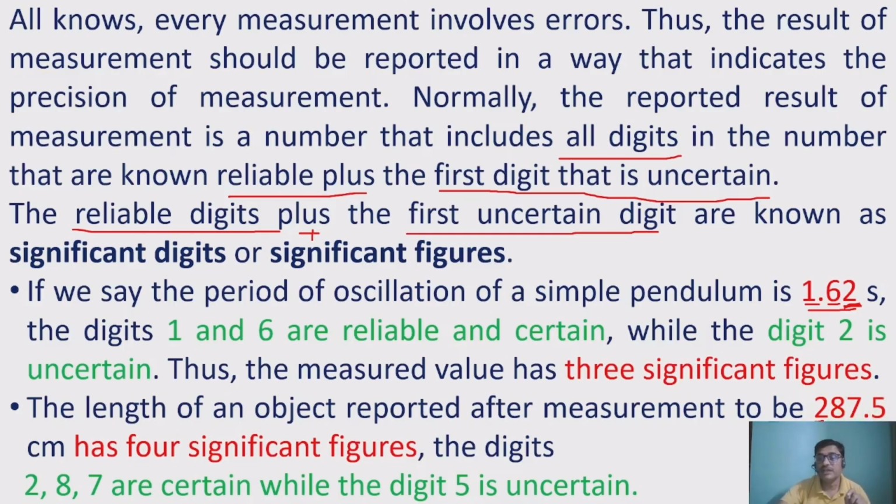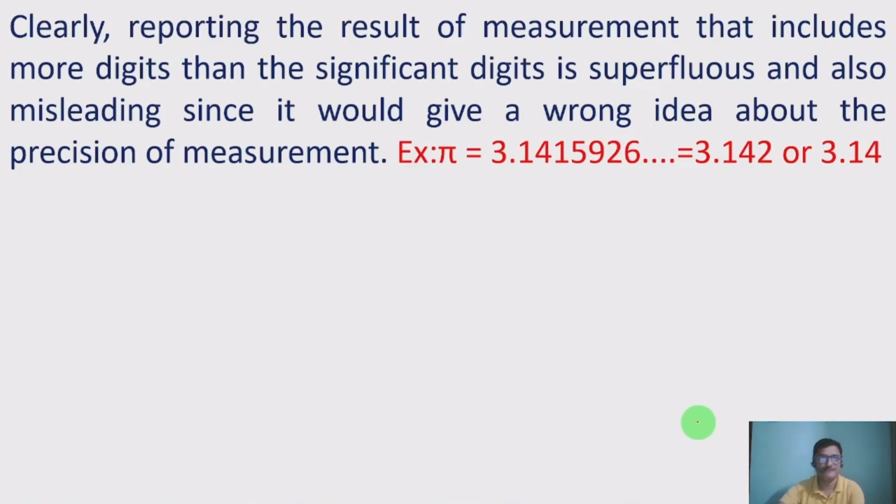All together we take them as significant figures, so it has four significant figures. The digits 287 are certain while the digit 5 is uncertain. This is an example of how significant figures are taken, and based on this, the observations are set.